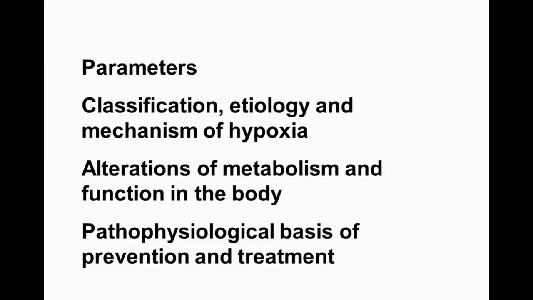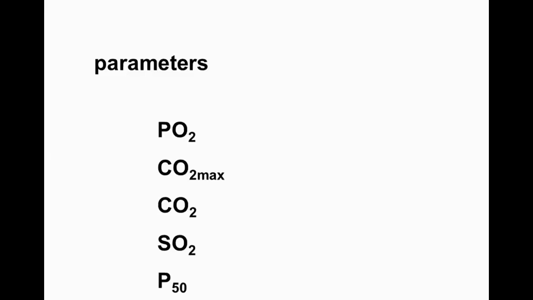Parameters, classification, etiology, mechanism of hypoxia, alteration and metabolism in the body, and pathophysiological base. What are these parameters? PO2, partial pressure of oxygen. We all know what the partial pressure and the total pressure are, and the relation to hemoglobin, shift to the right, shift to the left. The lesser the PO2 that can load more oxygen, so it is a shift to the left. The more PO2 needed to load the same amount of hemoglobin, so it is a shift to the right.